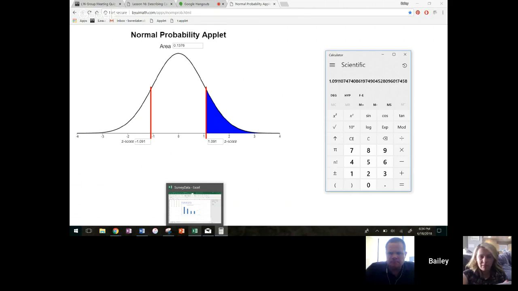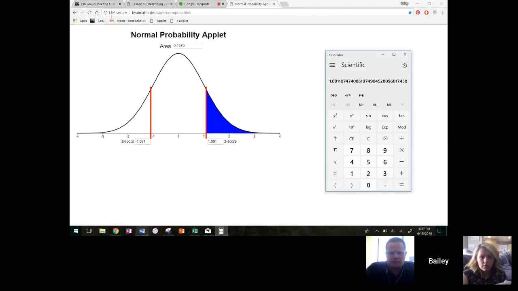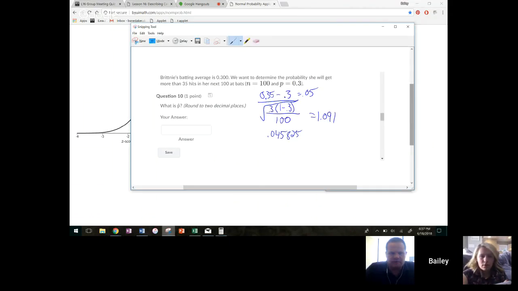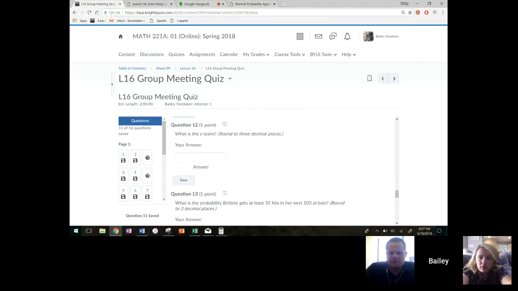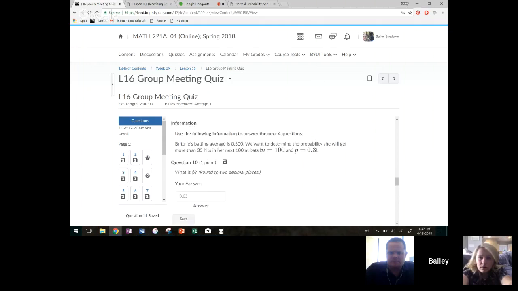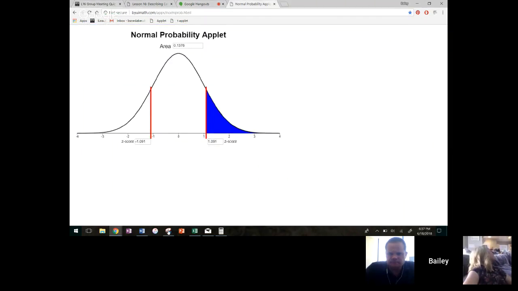I'm trying to make sure I did my math right. What's the probability she will get more than 35 hits in her next 100 bats? So if it's more than that, it's going to be the right tail.